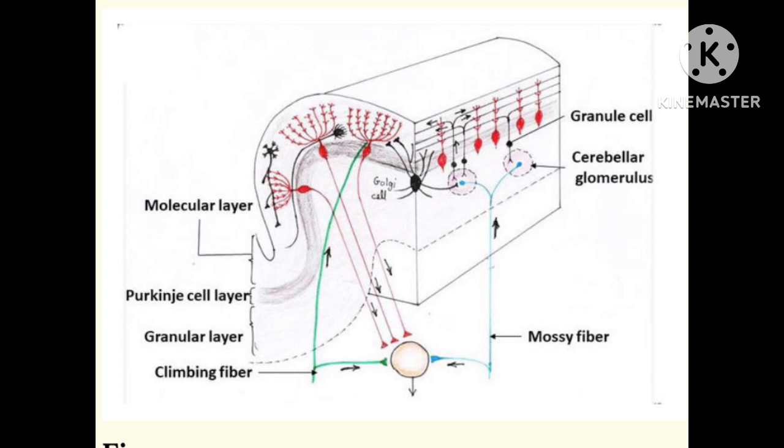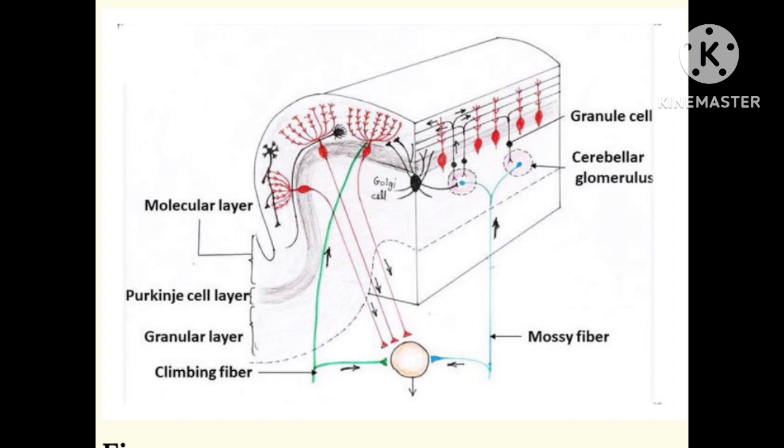The granular cell axon goes upward in the molecular layer and divides in a T manner transversely. Climbing fiber and mossy fiber also give a fiber to the intracerebellar nuclei.